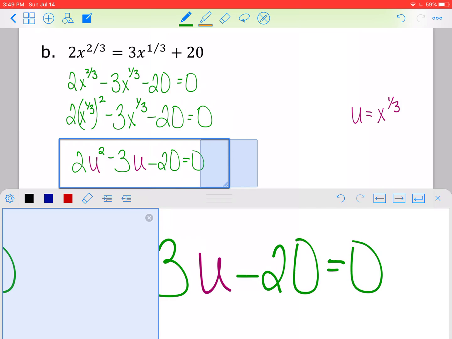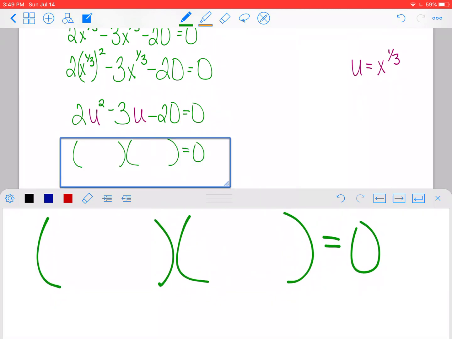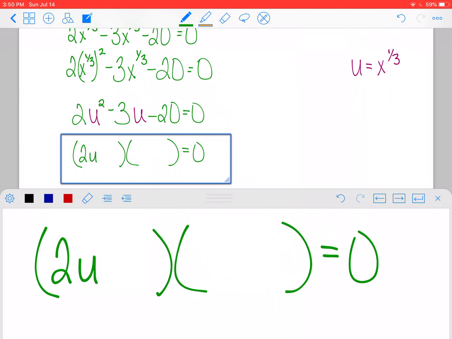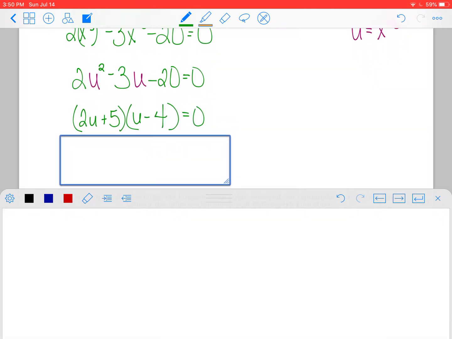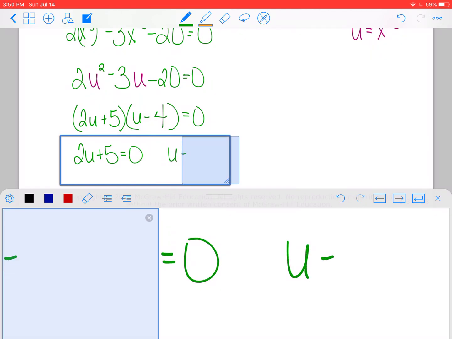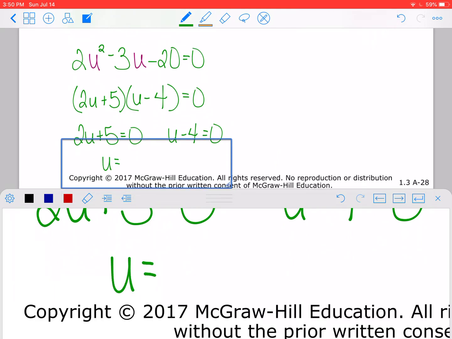Set both of those equal to 0. So here, if we add 5 to both sides and divide by 2, u is negative 5/2, and add 4, u is 4. Okay, and now we substitute back in for u.